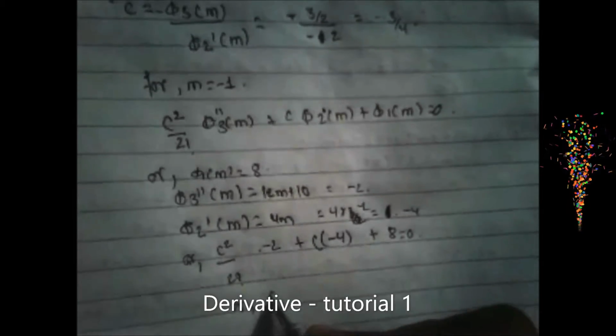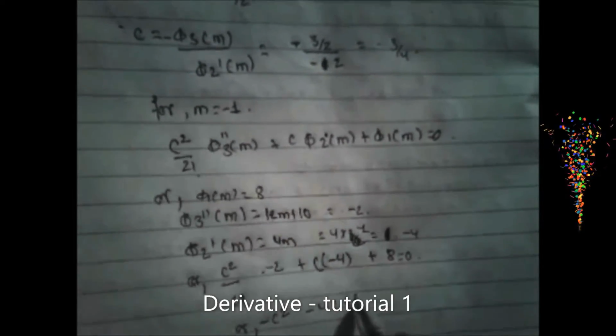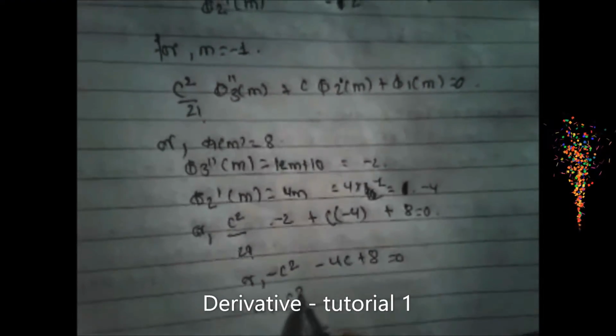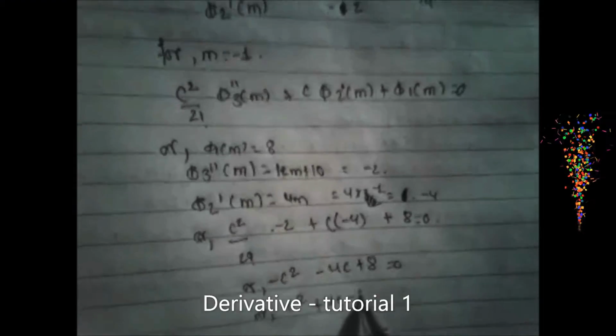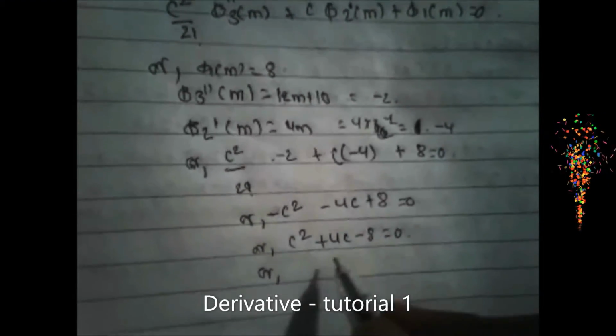So c square minus 4c plus 8 is equal to 0. We take minus on the other side, plus 4c minus 8 is equal to 0.